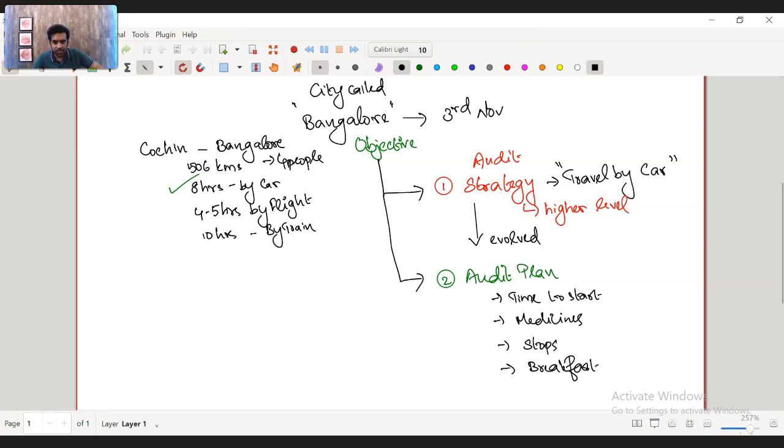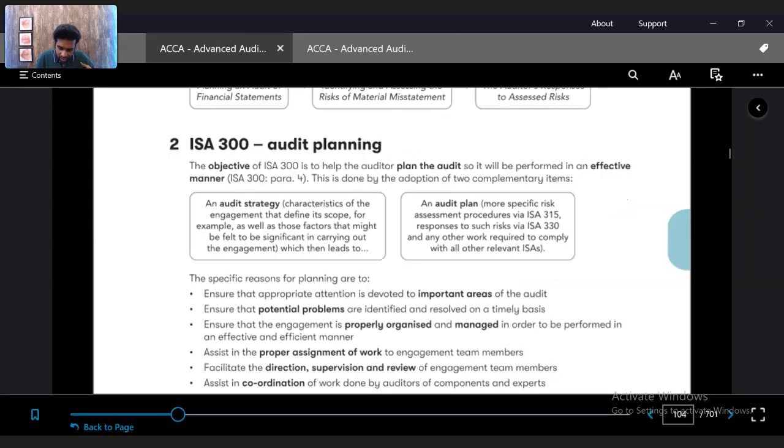So, one thing you need to understand is that now, I hope you have got the concept of what is a plan and a strategy in a simple example way. Now, let's come to ISA 300. When it comes to audit strategy, an audit strategy will set the scope, timing and direction of the audit.